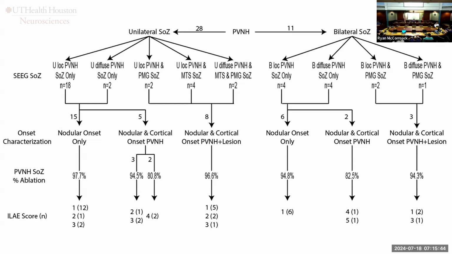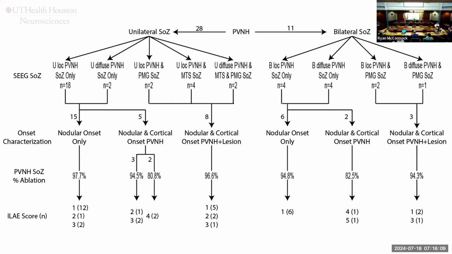Interestingly, for this, we found that our percentage ablation was substantially lower in these patients. So is this a chicken or an egg issue? Did we have lower ablation because we did a poor job of localizing where the seizure onset zone was coming from? Or is it just that it so happened that these patients had poor overall ablation of the tissue?